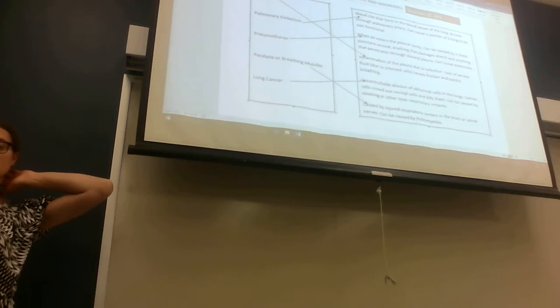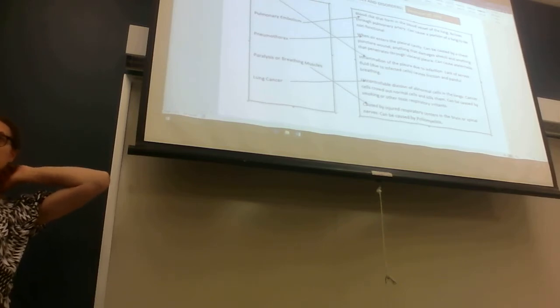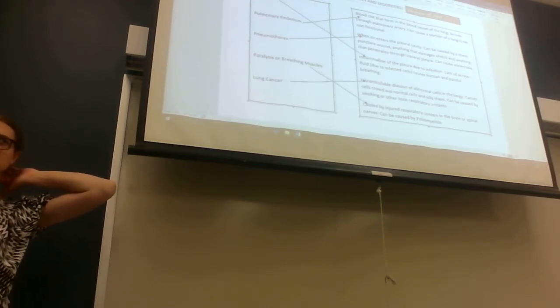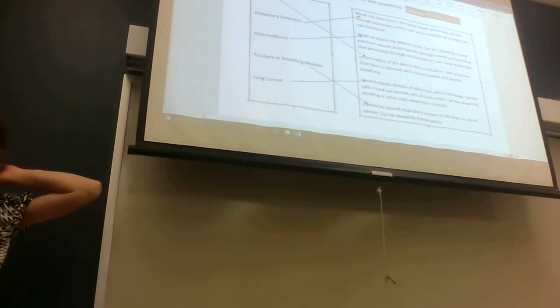Paralysis of breathing muscles. Oh, that should say of breathing muscles, not or. This can be caused by injury to the respiratory centers of the brain or nerves and can be caused by polio. So polio can affect the medulla oblongata or the pons. I think the medulla is more responsible for breathing. And this can affect the respiratory centers in your brain.